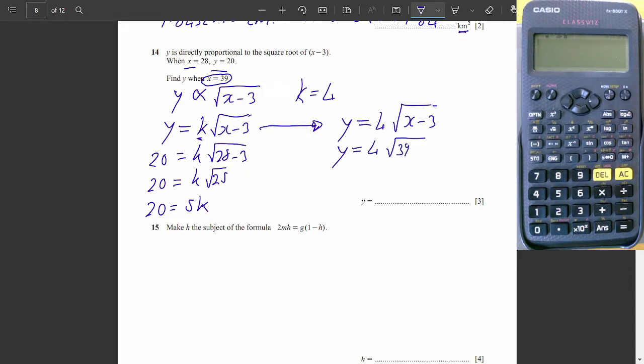So 39 minus 3, of course, is 36. Square root of 36 is 6. We multiply it with that 4 in front, which will give us the final answer, 24.